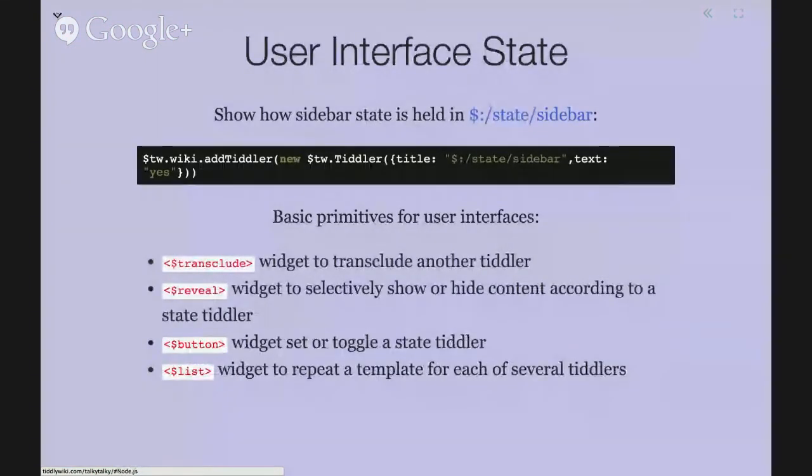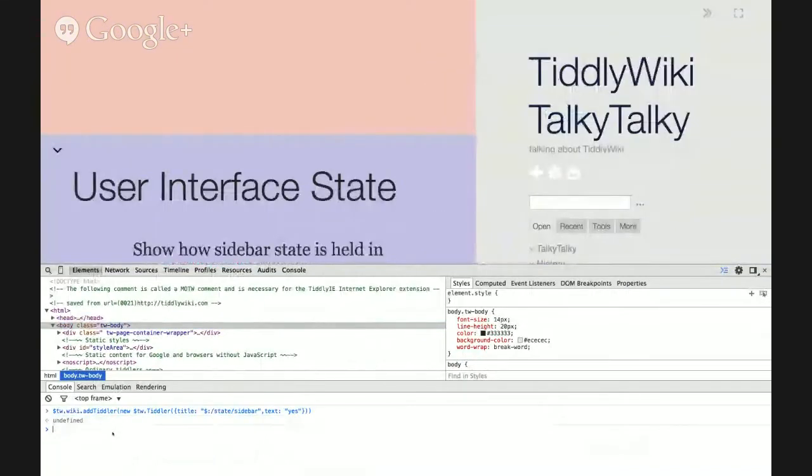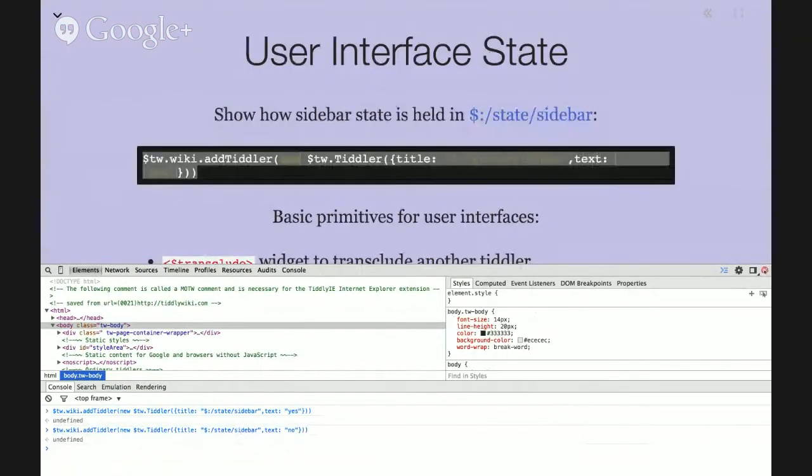Then this slide was just leading into a demo of showing the user interface state idea. So the example here is how I can do it here, I guess. If I do that, I modify the state tiddler that controls the appearance of the sidebar, and that, I'll turn it off again.